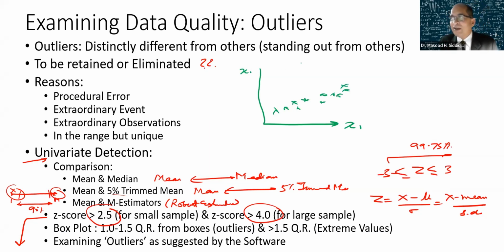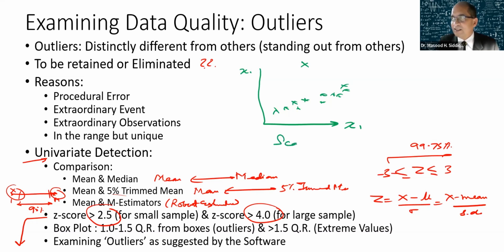Any value that lies outside this boundary is taken as an outlier when we have the bivariate case. So in this manner, we can examine whether outliers are there for the bivariate case or not.